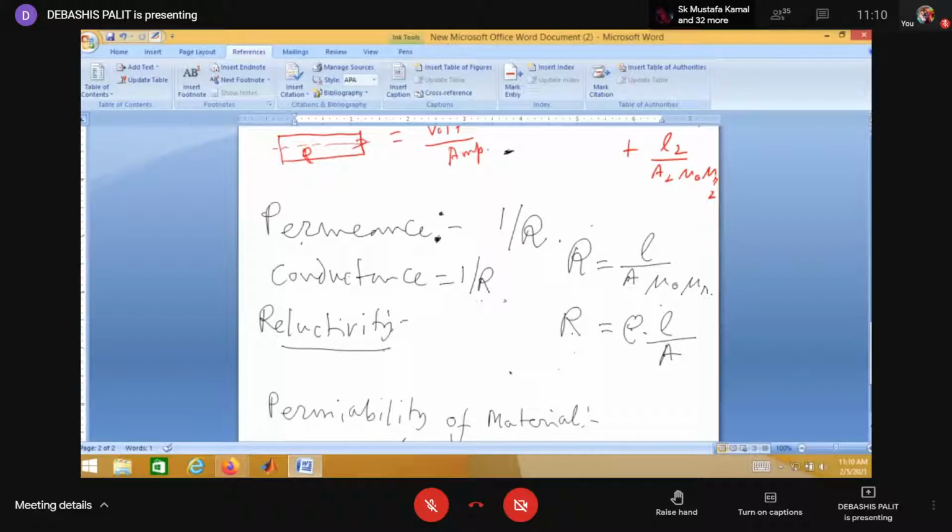So if you want to define the permeability of a material, it is specified as relative permeability. Similarly, resistivity is specified for a specified conductor. For copper, there is a specific resistivity. For aluminium, there is a specific resistivity, like this.